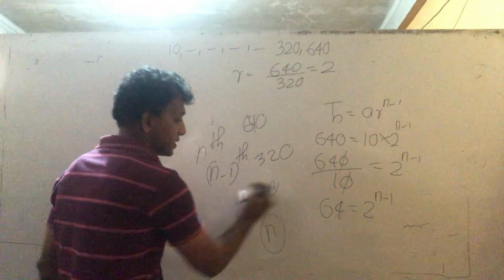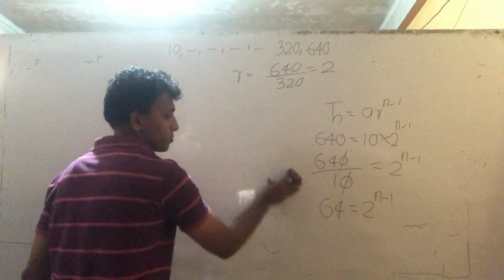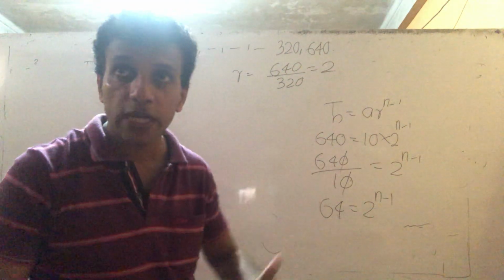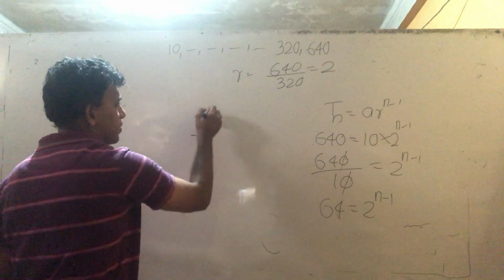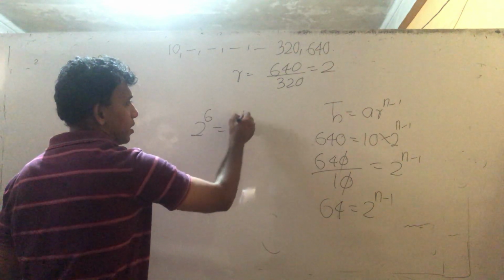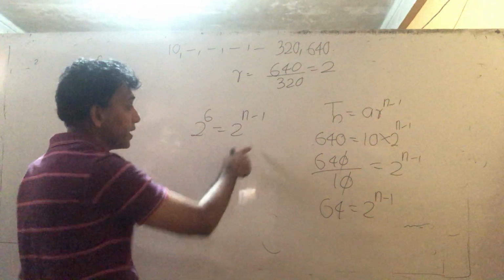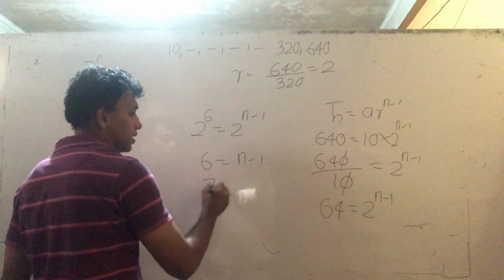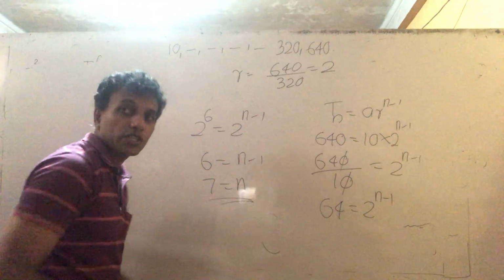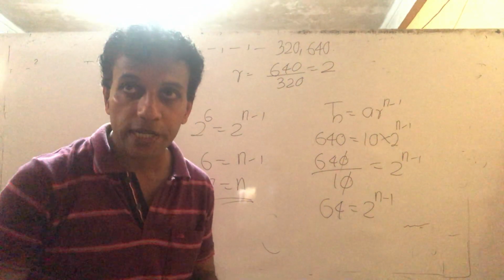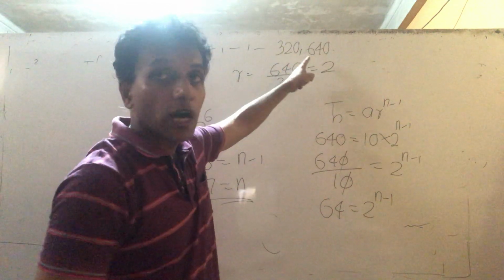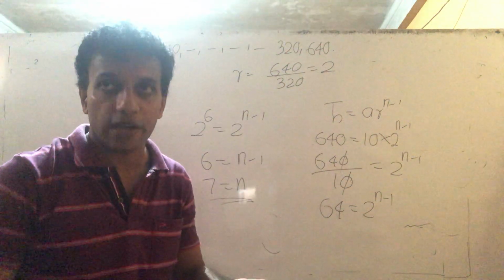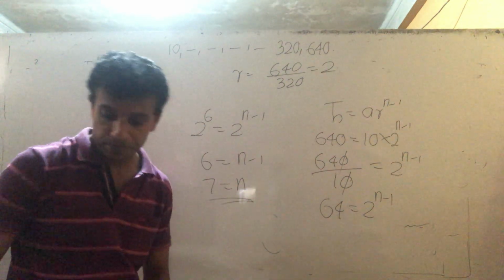Now solve and get the n value. 64, base is 2, therefore write 64 as 2 to the power 6. 2 to the power 6 equal 2 to the power n minus 1. So bases are equal, powers are equal. Take the minus 1 here. Therefore this series consists of 7 terms. So these two terms are the 7th term, 640, and the 6th term, 320. Important question.